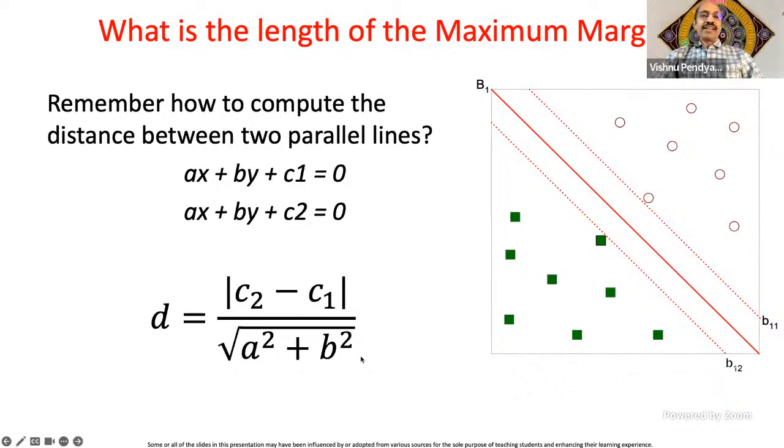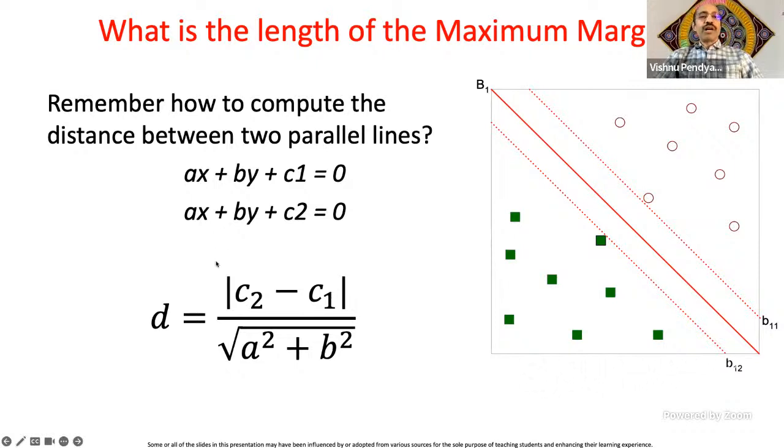So in machine learning, what are A and B? A and B are probably the weights. We all know linear regression, linear classifier, logistic regression. The coefficients of the feature vectors are basically the weights. So A and B can be thought of as the weights of the features.